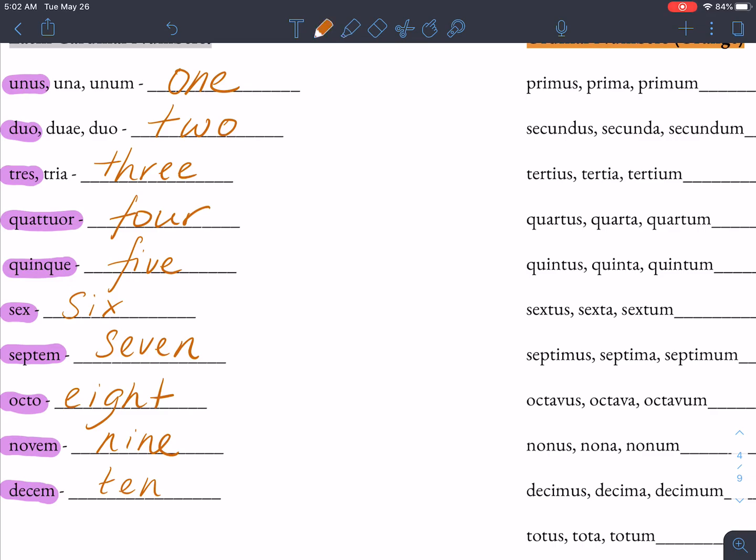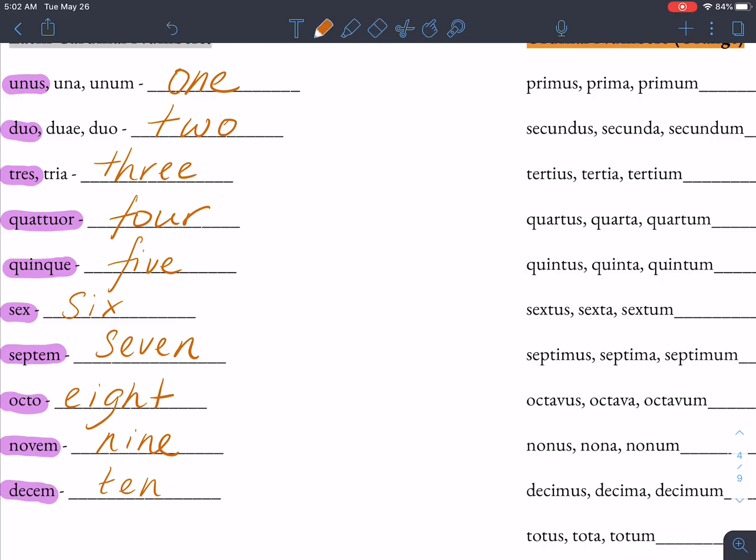Okay, now, an interesting little fun fact about these numbers. Okay, how many calendar months do we have in a year? If you said 12, you are correct.